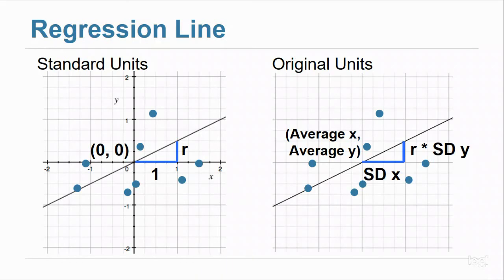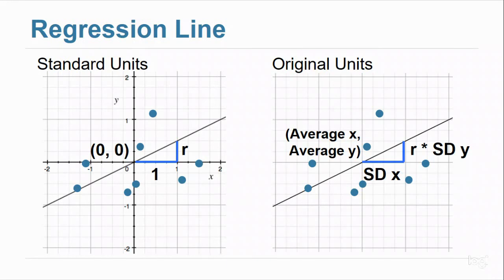And then think of the slope in the following way. Think of one standard unit in the x direction as one standard deviation in the original units. And so that explains the base of the little triangle that we're using to demonstrate the slope. And it also explains the height of that triangle, because r in standard units on the y-axis is r times the standard deviation of y in the original units.